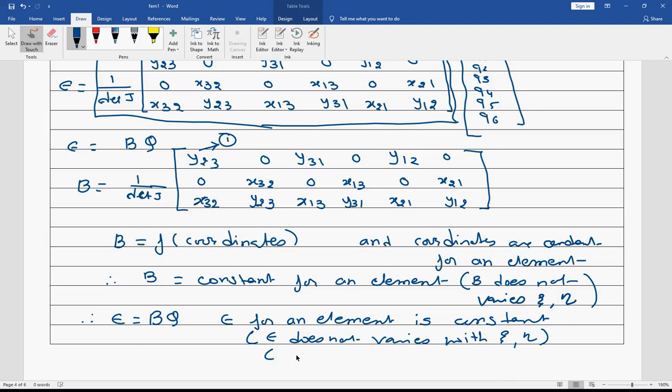So in ANSYS we say we are looking for the elemental solution because it does not vary with xi. Okay, so I am looking for the elemental solution and not the nodal solution, because in a nodal solution the strain depends upon the location and the strain varies.